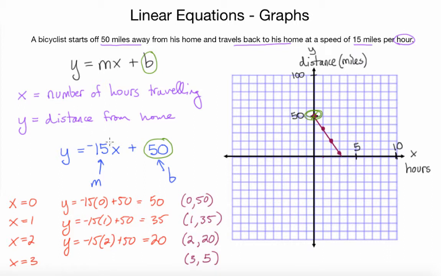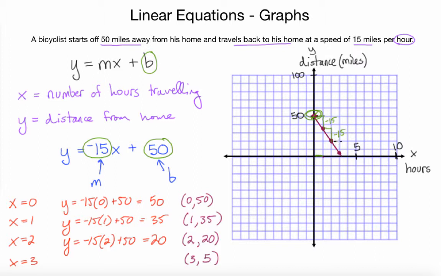Now with my m value, the thing that I'm constantly doing, I'm subtracting 15 over and over again. We can see that in my graph because every time I change 1 unit along x, I go over 1 unit, what happens? We subtract 15. I'm going down by 15 right there. If I go over another unit, so another hour goes by, I subtract another 15 miles.